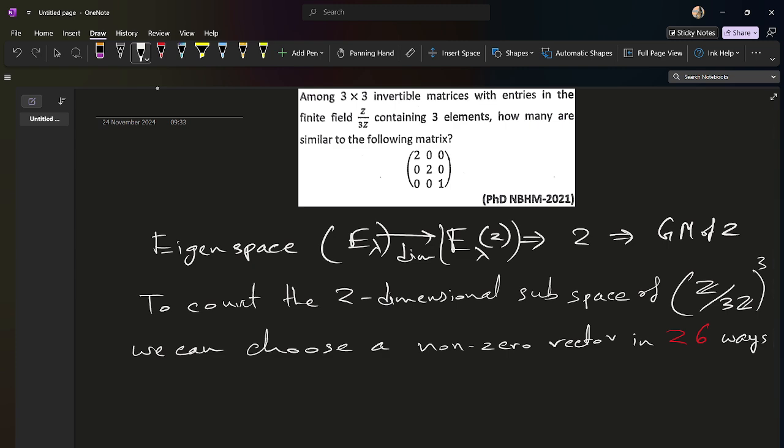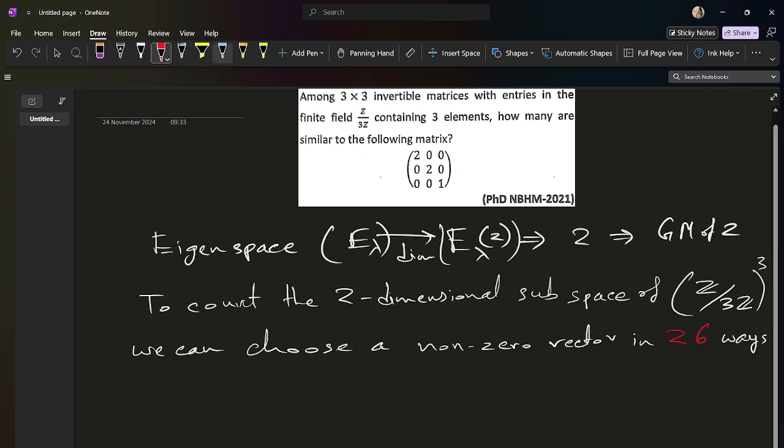To count the two-dimensional subspaces of Z mod 3Z whole cube, we can choose a non-zero vector in 26 ways. We have to keep in mind that there are 26 ways to choose a non-zero vector.